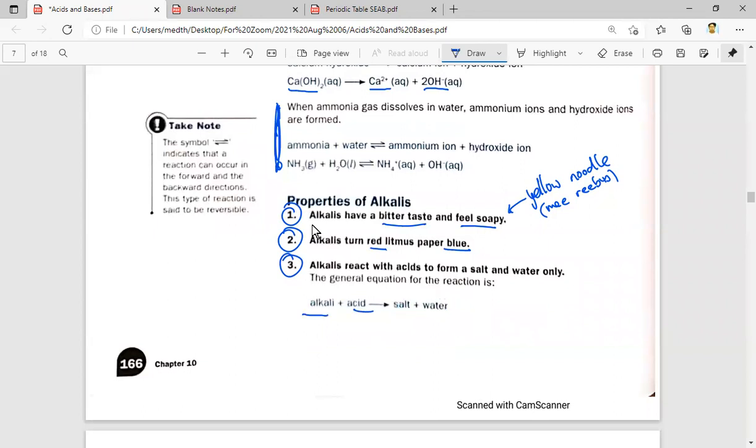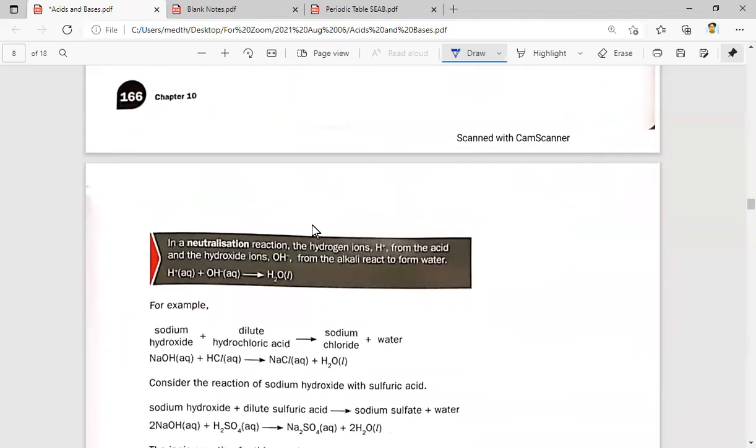Do you realize that this reaction looks very familiar? We learned previously that acid plus base gives salt and water. And we know alkalis are a special class of bases. So this reaction is similar to that one.